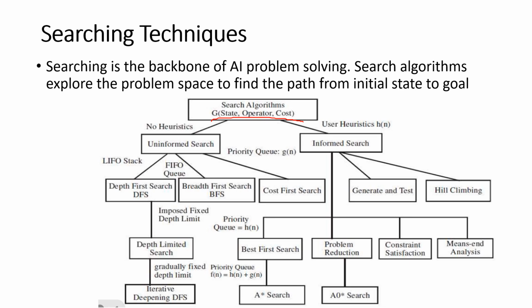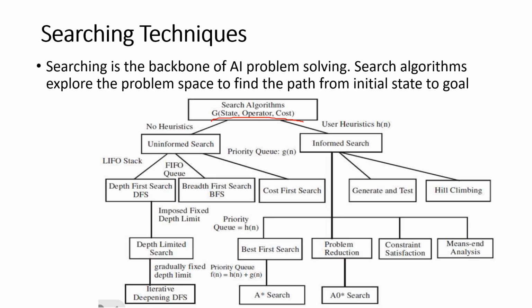The search algorithms can be classified into two: uninformed search techniques and informed search techniques. Uninformed search techniques means there is no heuristics. Informed search techniques means they use heuristics. We will see what heuristics is. First, in this figure, the left hand side shows uninformed search techniques and the right hand side shows informed search techniques.